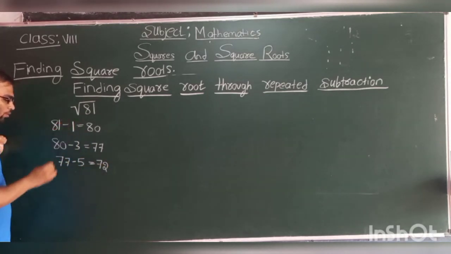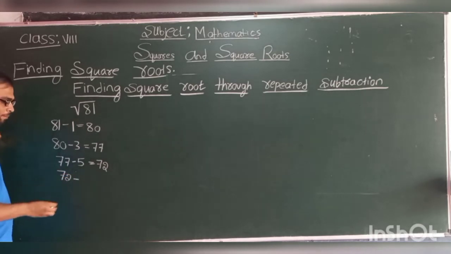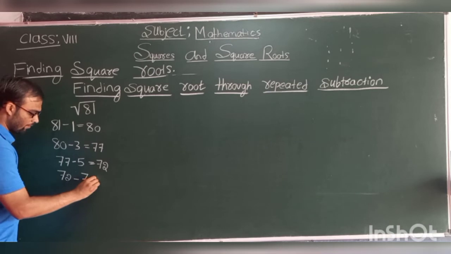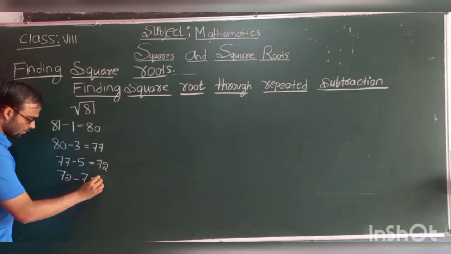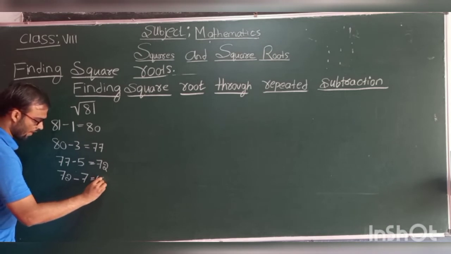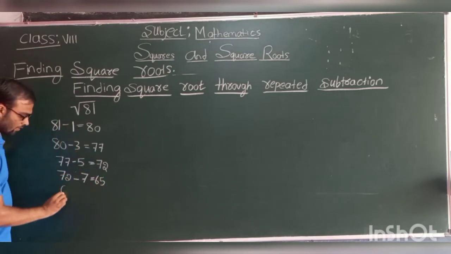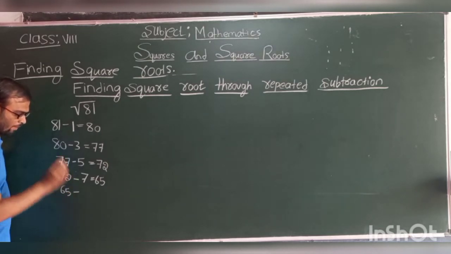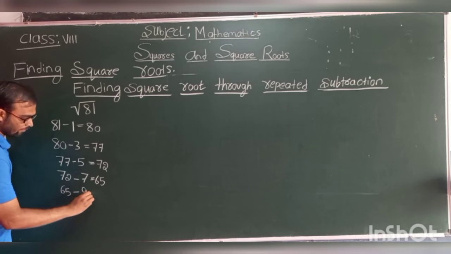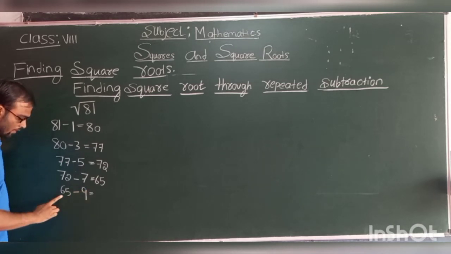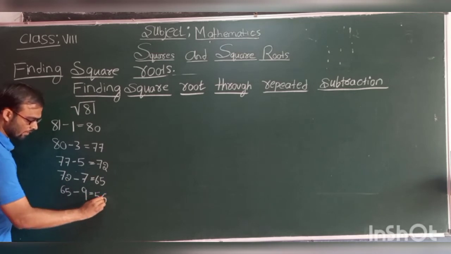72. Now subtract 72 by the fourth odd number, that is 7. 72 minus 7 is what? 65. Now subtract 65 by the fifth odd number, that is 9. 65 minus 9 is what? 56.